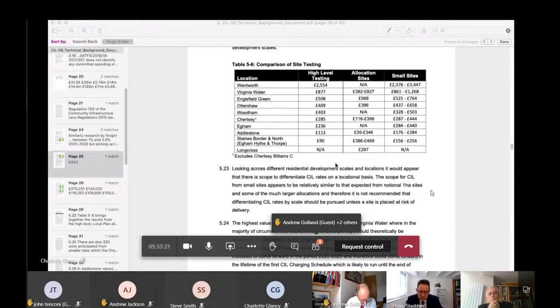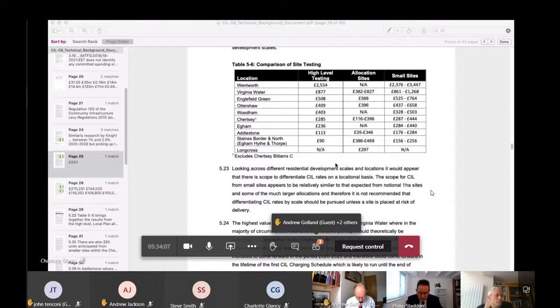So zones F and G, which are the zero rated zones. Zone F we mentioned earlier, which was the one with the red, the negative result earlier. And then we've got zone G, which is Longcross Garden Village. Now, I've noted comments earlier about Longcross, but the approach that I'm picking up from the council there is that in zone F, you're saying that the viability evidence says that cannot support a CIL, and so you've put it in its own zone and given it a 0 rating.